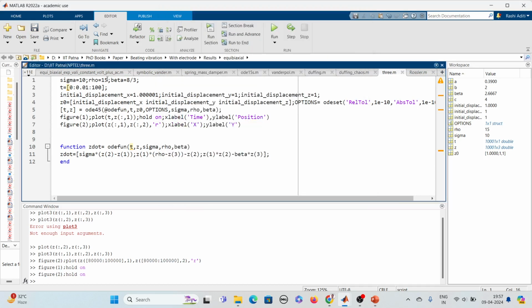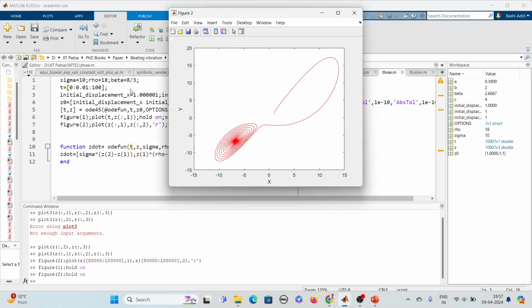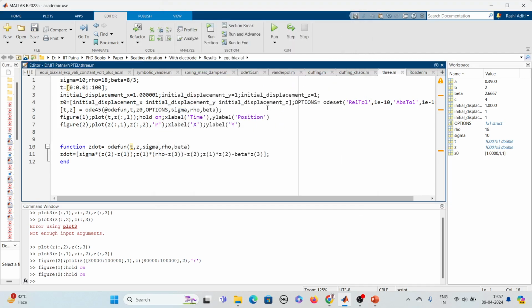Then we'll take 18. Okay, the hold on was not applied. So we have to apply hold on, and I'll just remove the color so that we'll be able to differentiate in the phase plot, right?